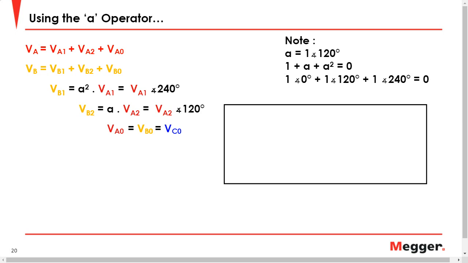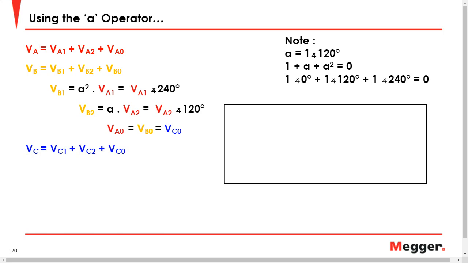And finally, VA0 is equal to VB0 and VC0. Remember, this is a symmetrical system, so all the magnitudes are equal. And because our angular displacement is 0 degrees between each phase for the zero sequence component, the zero sequence component for each phase is equal to one another.